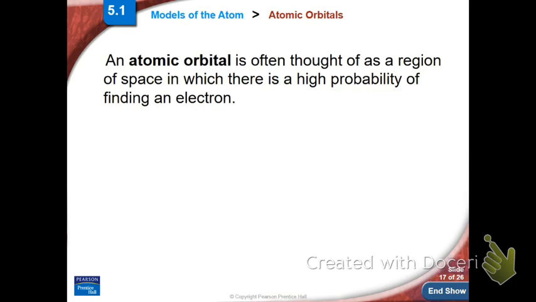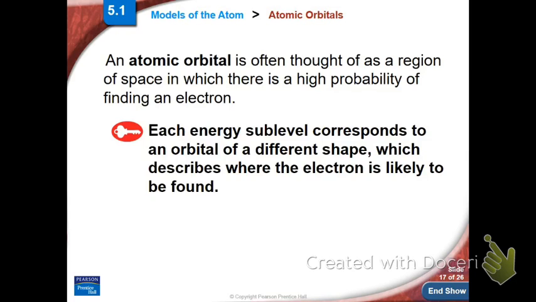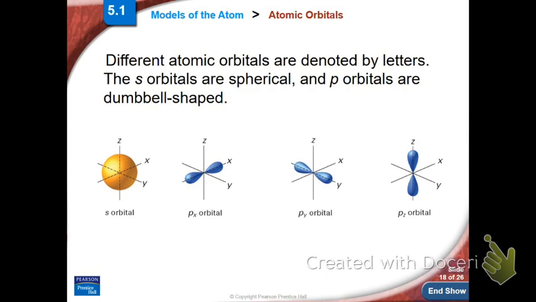That's what Schrodinger said. Okay, and each energy sublevel has a different shape, where there's a high probability that the electron will be found. These are the shapes he predicted these electrons are going to take. There are s orbitals. You can think about them as being S-shaped, or sphere-shaped, S for sphere.